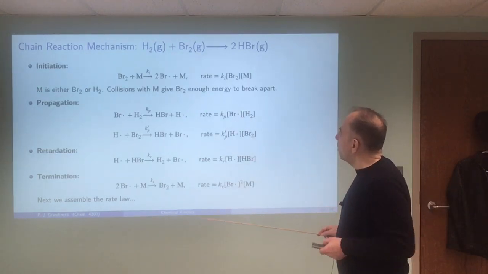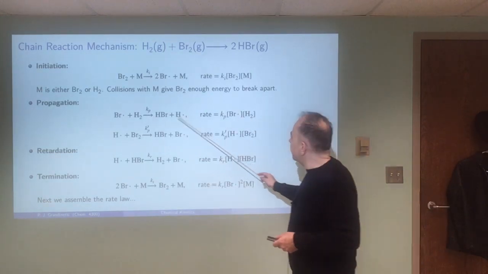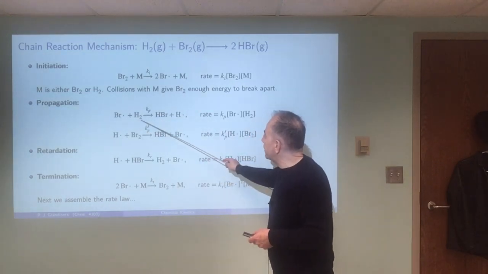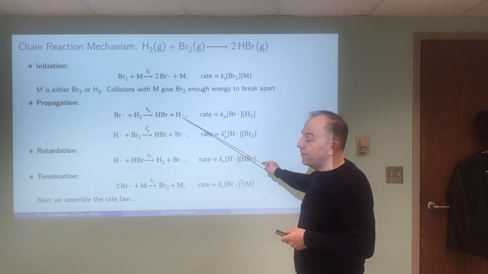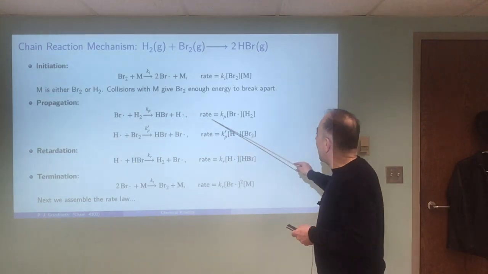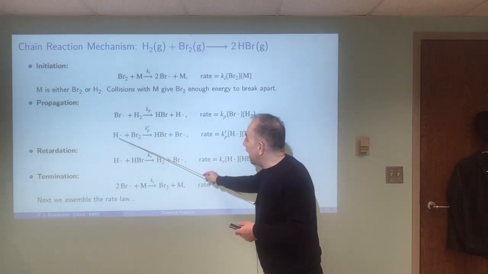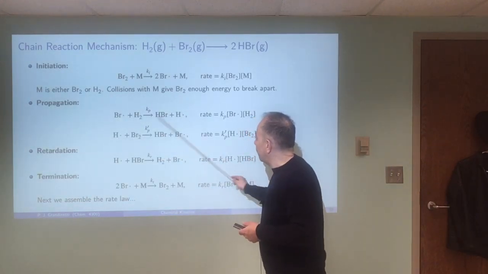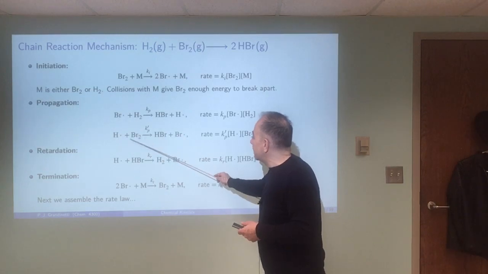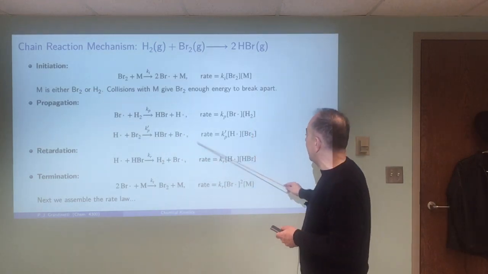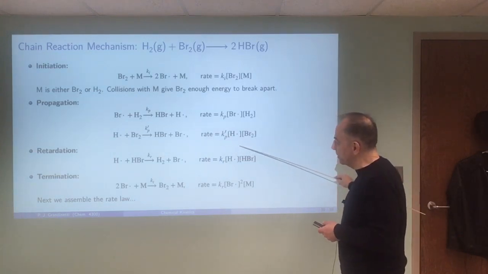Then we come to what's called the propagation step. So the Br radicals can react with the hydrogen to form HBr and leave you with an H radical, and that will have this rate for that step. You can also have H radical, which formed from here, say, reacting with Br2 to form HBr and leaving with a bromine radical that has this rate expression.